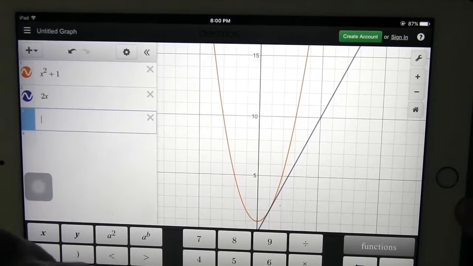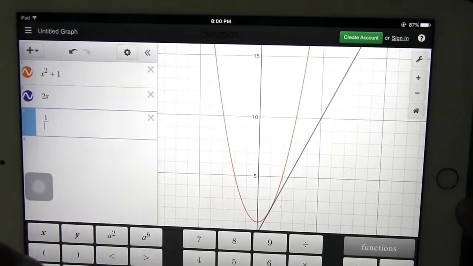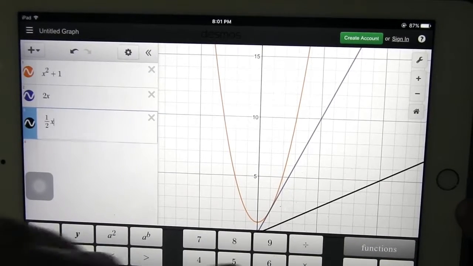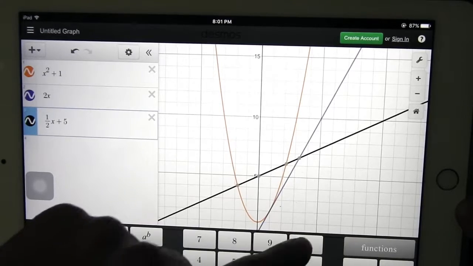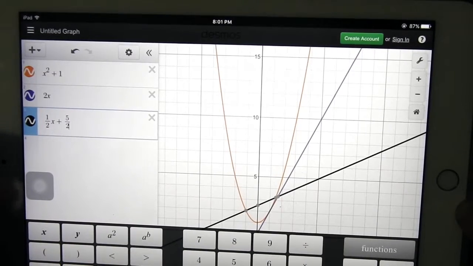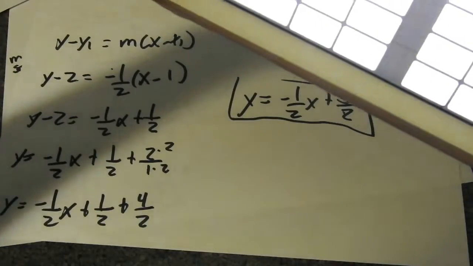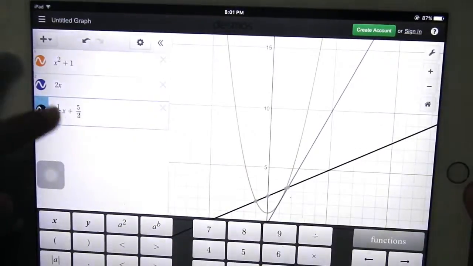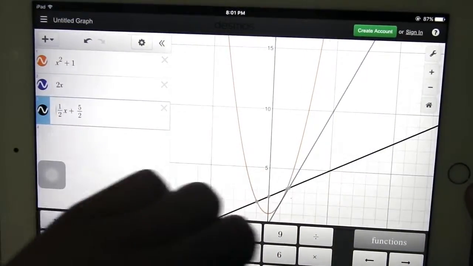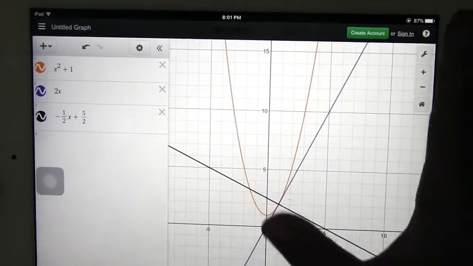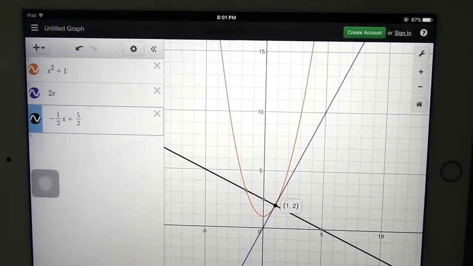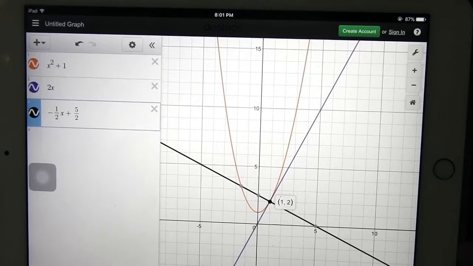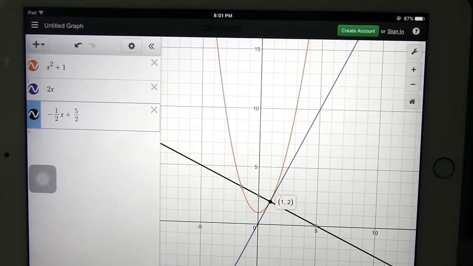And our normal line is going to be minus 1 half x plus 5 over 2. So we have there at (1, 2) a perfectly perpendicular line to the tangent line, which is the normal line.